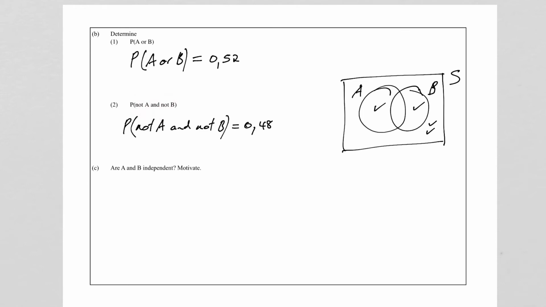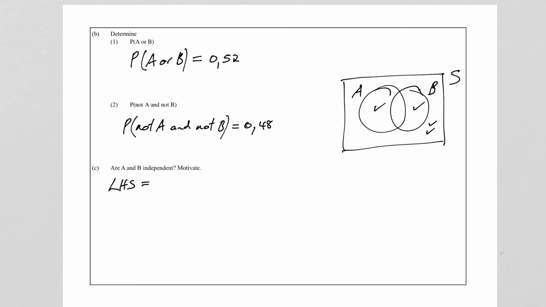In the last part of this question, they ask us if the two events are independent or not. And they also say we must motivate. So it's important to take note that you are not only supposed to say yes or no, but you also need to motivate your answer. So to do this, we're going to look at the rule when it comes to independent events. And we refer to it as the product rule.